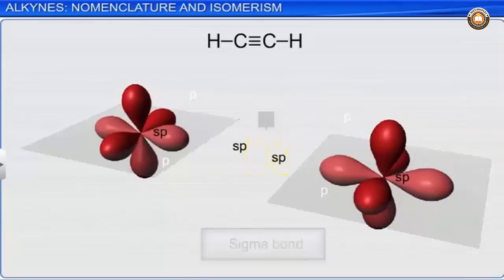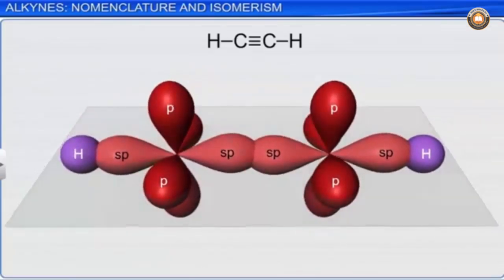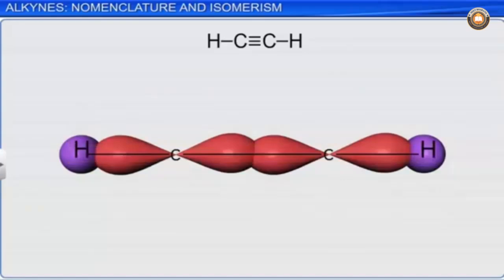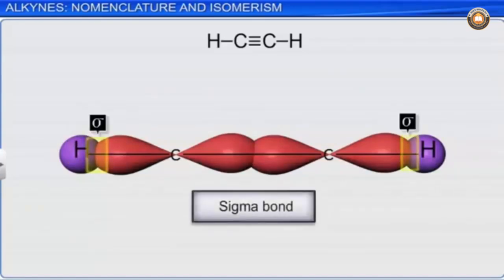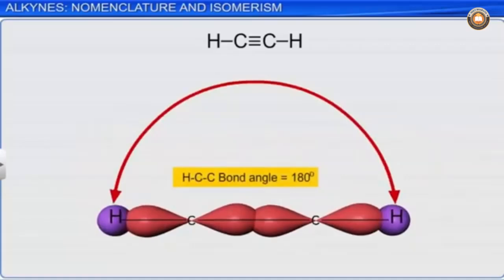The sp hybridized orbital of each carbon atom overlaps with the 1s orbital of each hydrogen atom along the internuclear axis. This overlapping forms two carbon-hydrogen sigma bonds. The hydrogen-carbon-carbon bond angle is 180 degrees.